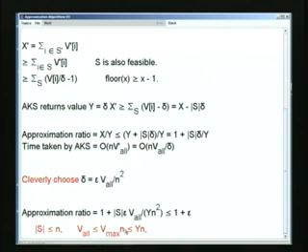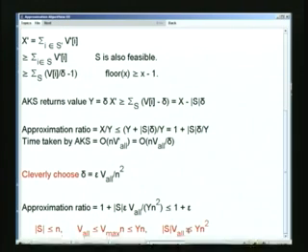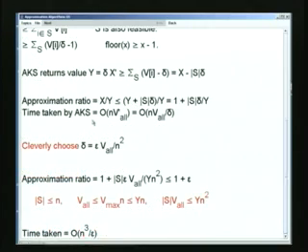Therefore V max times n has to be at most y times n. So it follows that S times V all is less than y times n squared, and therefore our approximation ratio is 1 plus epsilon.